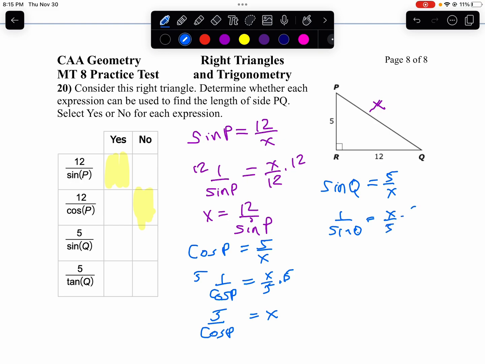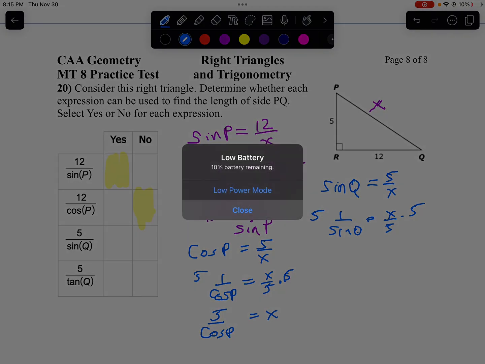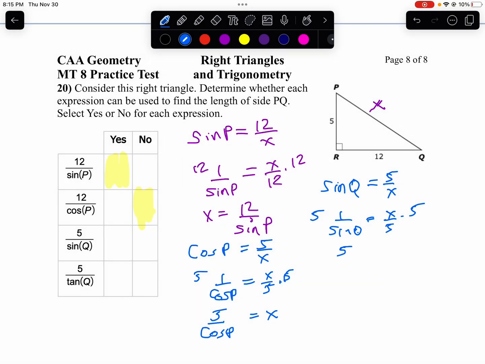Multiply both sides by 5. We get 5 over the sine of Q equals X. And that one works out, doesn't it?